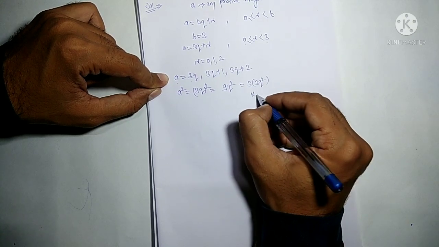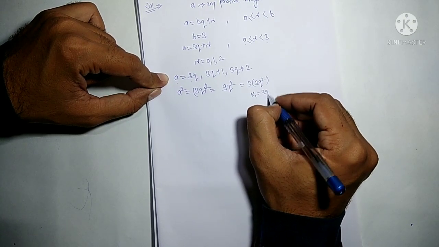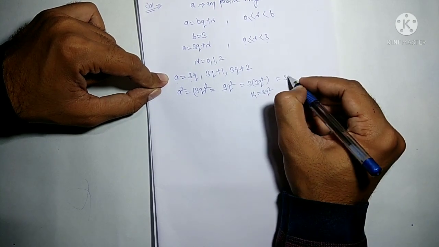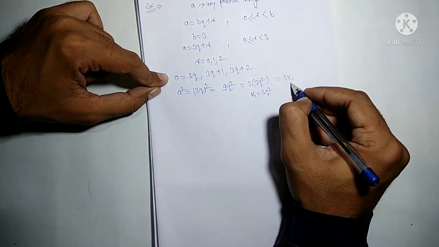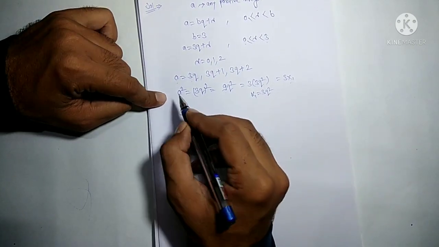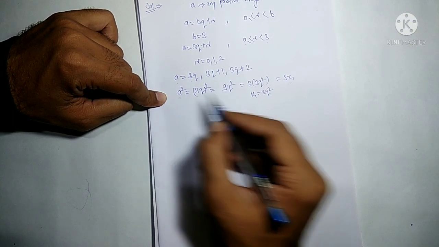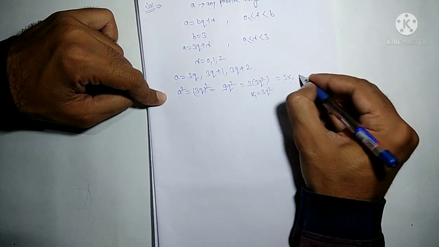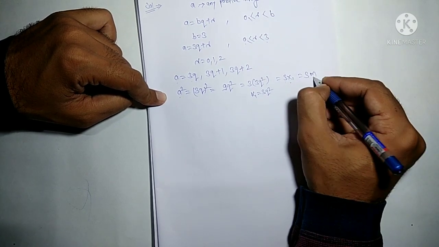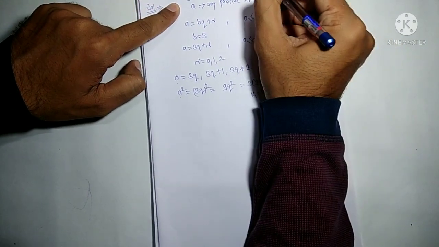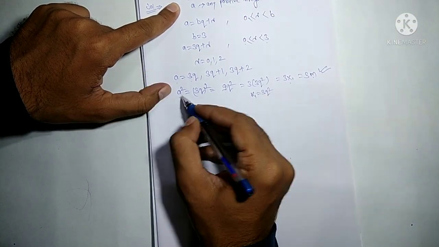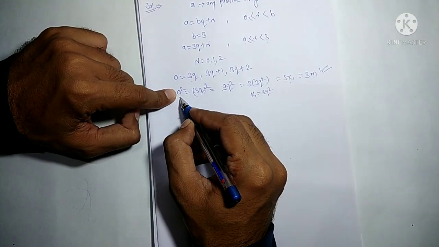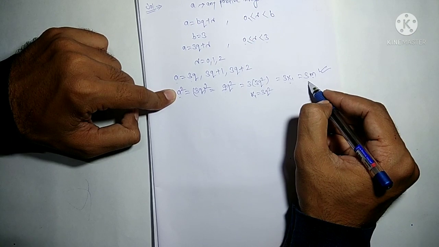We assume x1 equal to 3q square, then 3 into x1 means the square of this positive integer is a multiple of 3, and x1 is any integer, so we can write it as 3m. m is also any integer, so the first one is proved. 3m means the square of any positive integer is in the form of 3m.